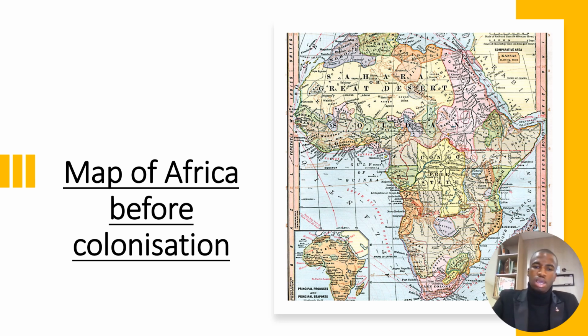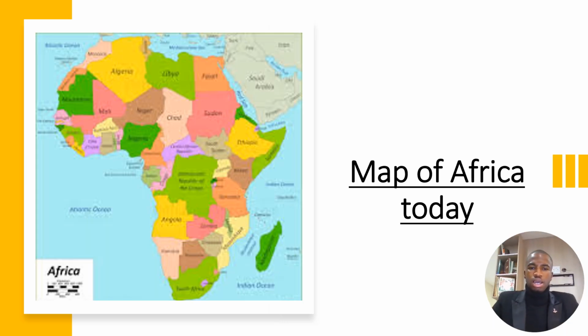Unfortunately, this map is a bit unclear, but as we know already, Africa now has borders. You can see the South African border, Botswana, Mozambique, Angola, and so forth. This is the map of Africa today, post-colonization, post-Scramble for Africa.